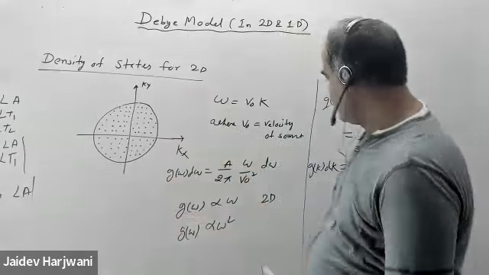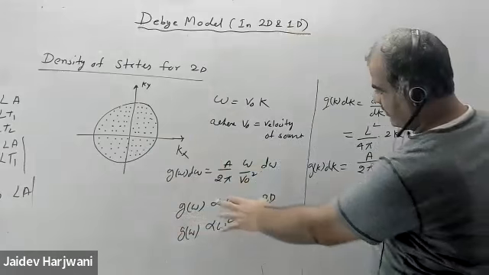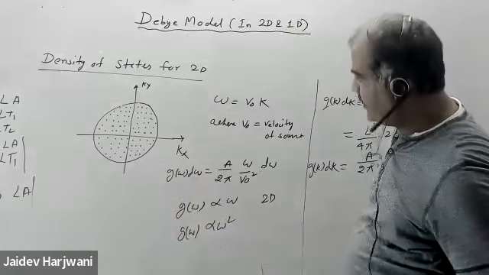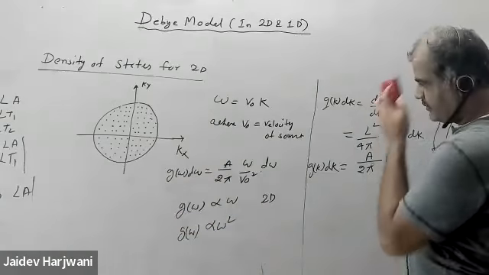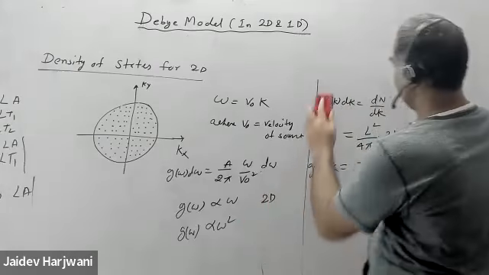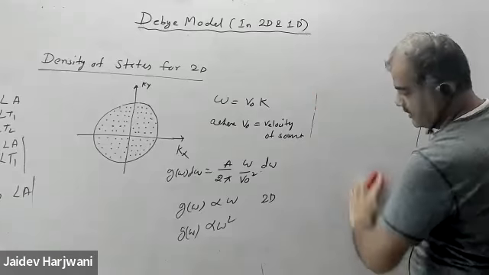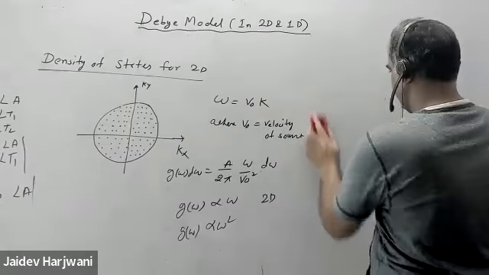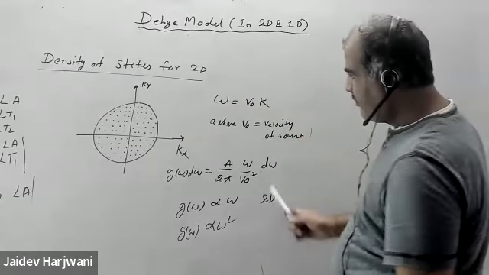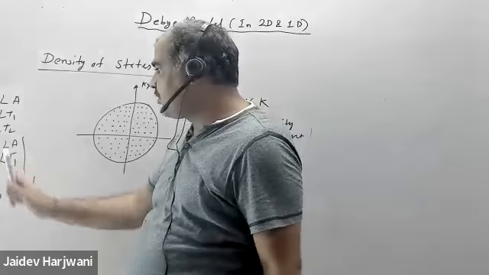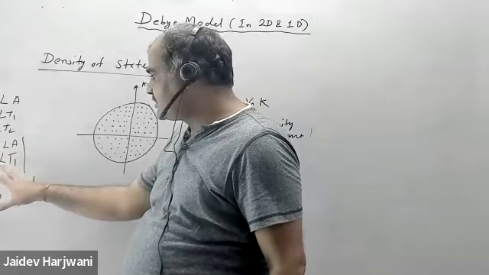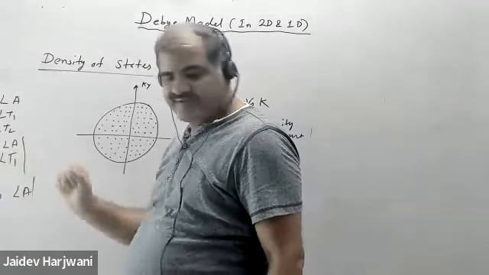OK, so this is your 2D. Now I know what g(ω)dω is. Now I have to write the energy. How can I write the energy? One more thing I want to mention here: in 2D we have 2 modes, one longitudinal acoustic, another transverse.